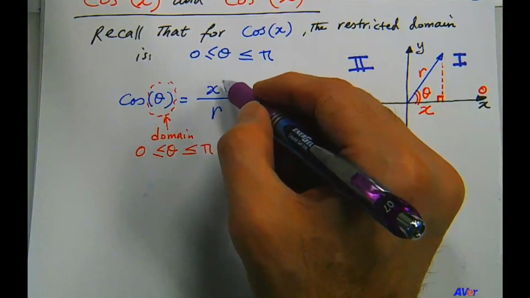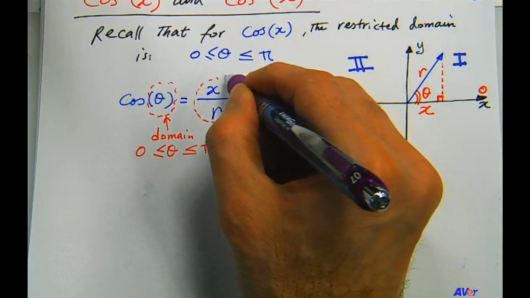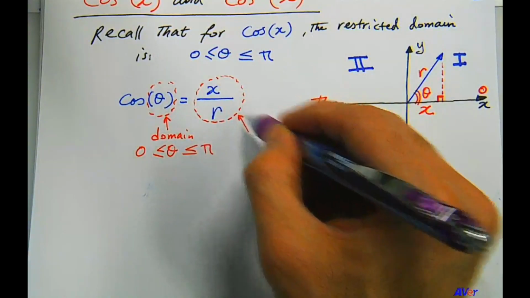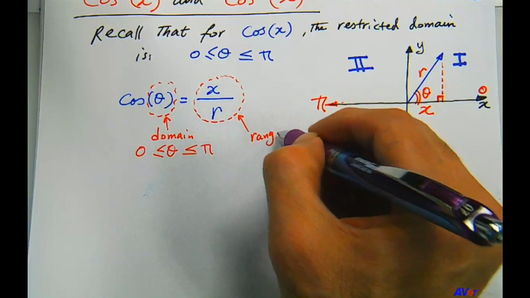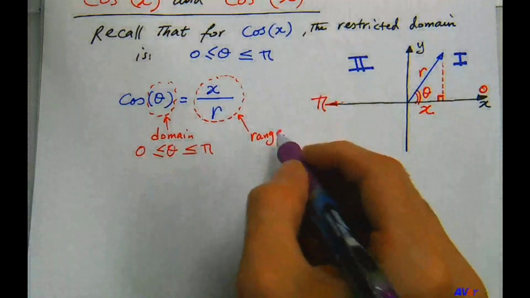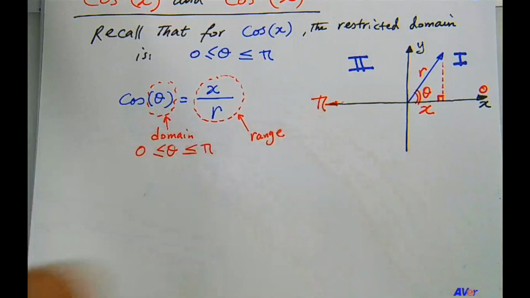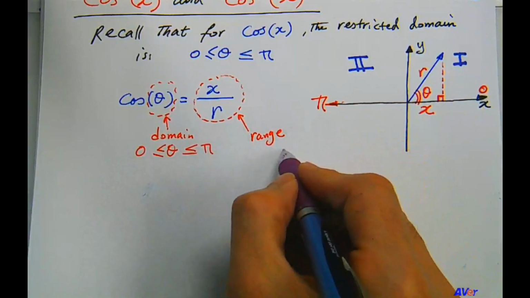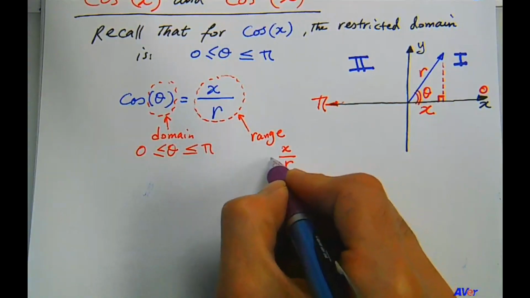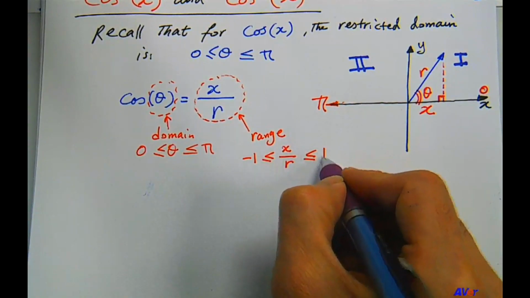Now, what about this? What does x over r represent? X over r represents part of the range. And the range goes from minus 1 to 1. So x over r can go from negative 1 to 1.